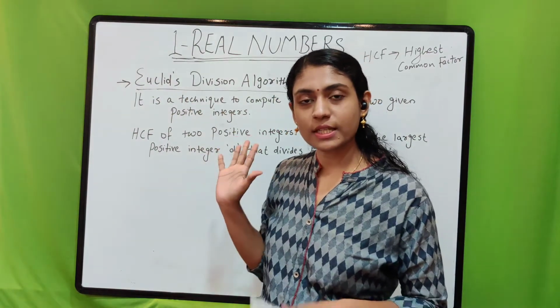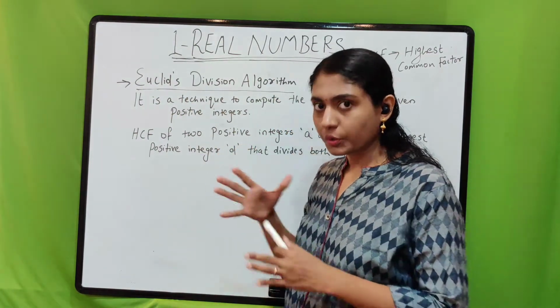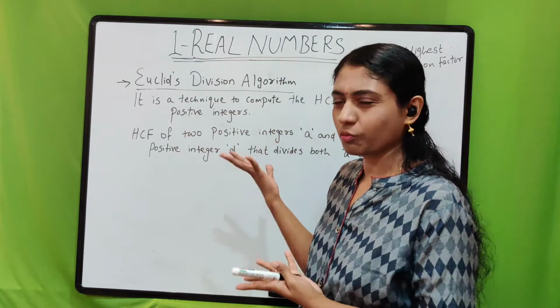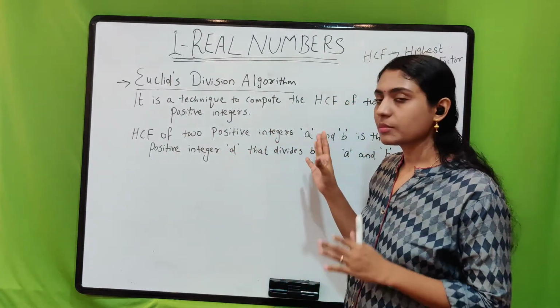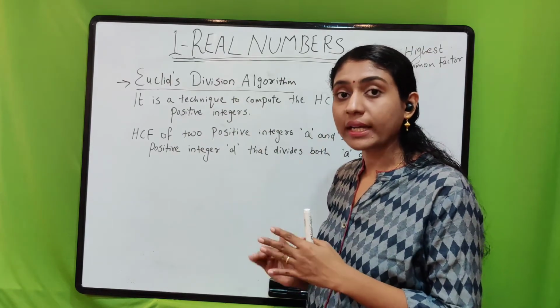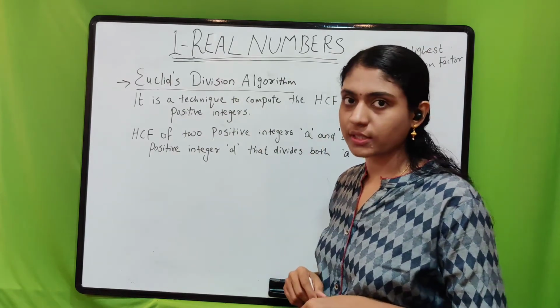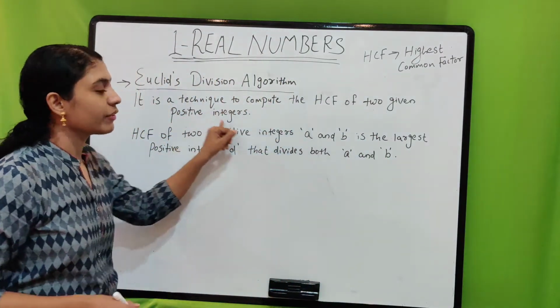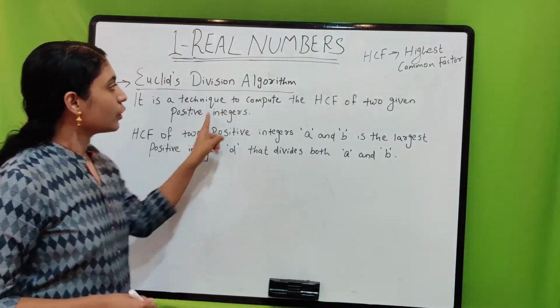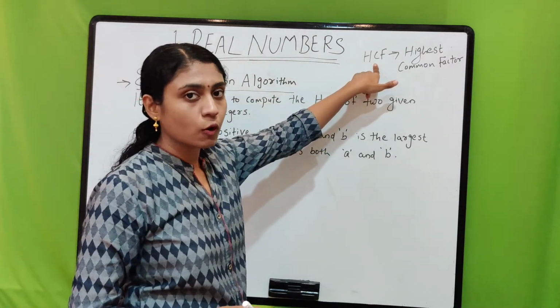Now we can go to Euclid's division algorithm. Before going to that algorithm, we can define what Euclid's division algorithm means. Euclid's division algorithm is actually a method to find the HCF of two given positive integers. That is, it is a technique to compute the HCF of two given positive integers. And we know that HCF stands for highest common factor.